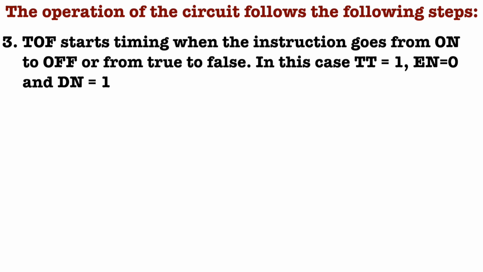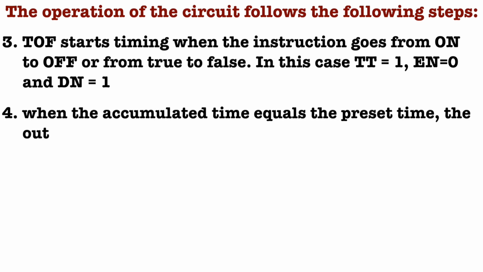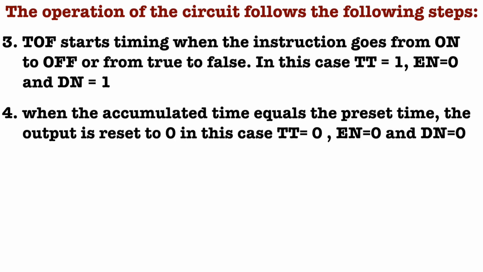In this case, the timer timing bit TT becomes 1, the enable bit becomes 0 and the done bit stays 1. And when the accumulated time equals the preset time, the output is reset to 0. In this case, TT equals 0, the enable bit is 0 and the done bit becomes 0.